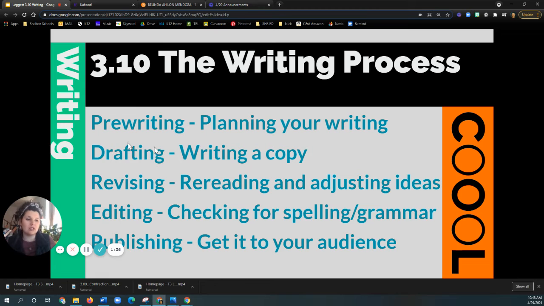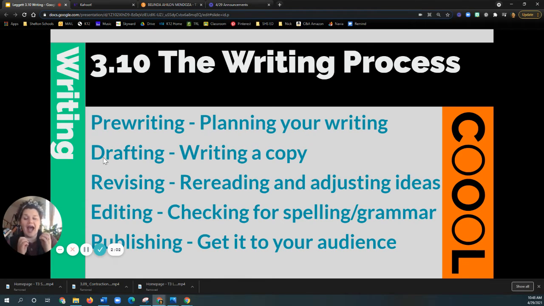What I have found is that a lot of students get stuck in this drafting stage because they're worried that their writing doesn't sound good enough. And the reality is that the very first time you write something, it's always going to suck a little bit, okay? Me too! I have a master's degree, and that means that I went to school for like 4 years, and then I went back for another 2 years.